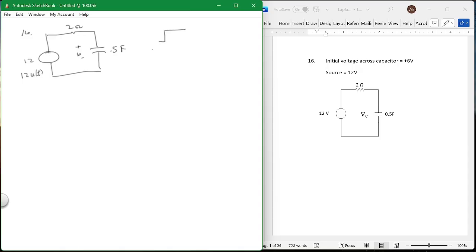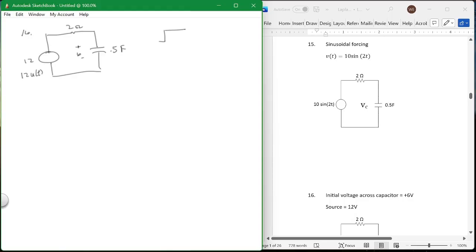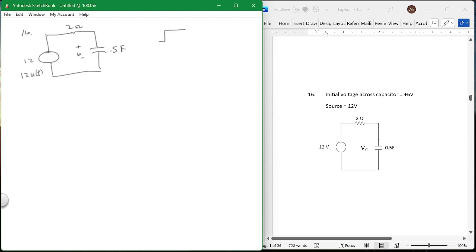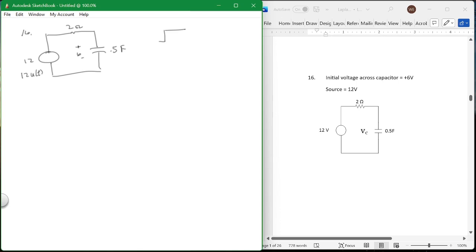Okay, so now let's just work through this problem. And then it wants the voltage across the 6 volts, and I want the voltage across the capacitor. What did I ask for in this one? Do I want the current? I guess I want the current, right?